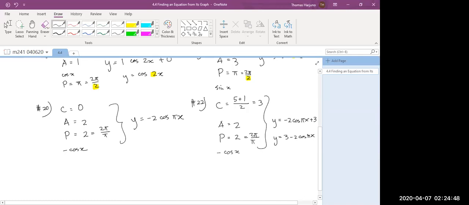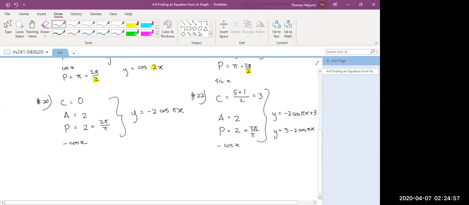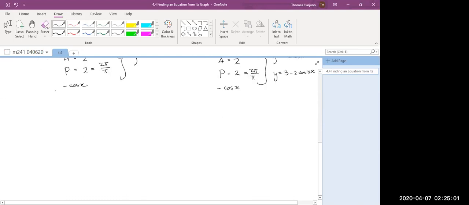So far, the problems we dealt with have no phase shift. It always starts from the y-axis. Starting from number 24, that's not the case. Number 24, the center is 0. The amplitude is 2. The shape is sine x. How about the phase shift?